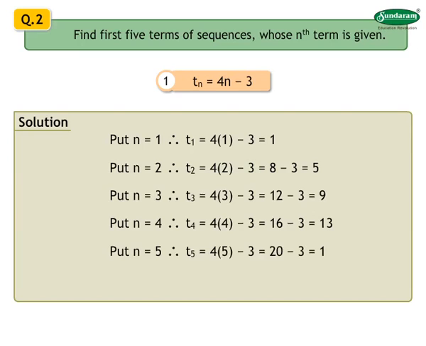Put n = 5. Therefore, T5 = 4 × 5 − 3 = 20 − 3 = 17. The first 5 numbers are 1, 5, 9, 13 and 17.